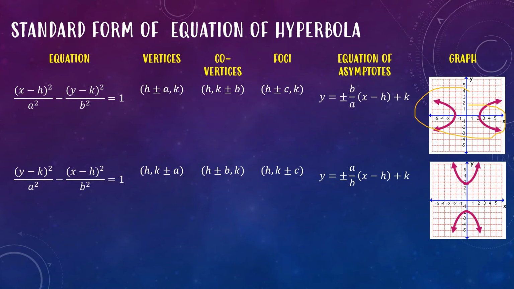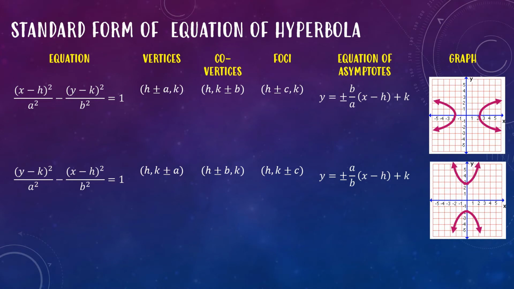Okay, the second standard form, we have quantity of y minus k squared over a squared minus quantity of x minus h squared over b squared, that is equals to 1.